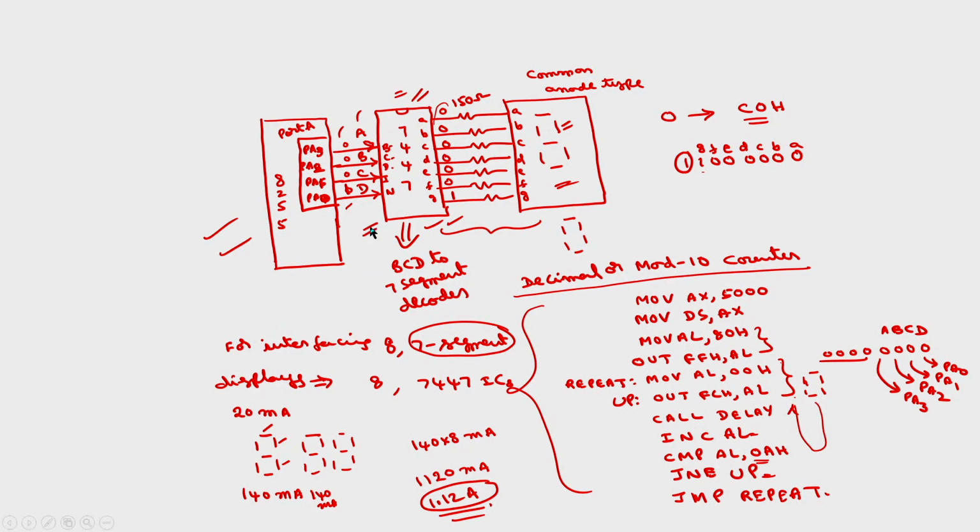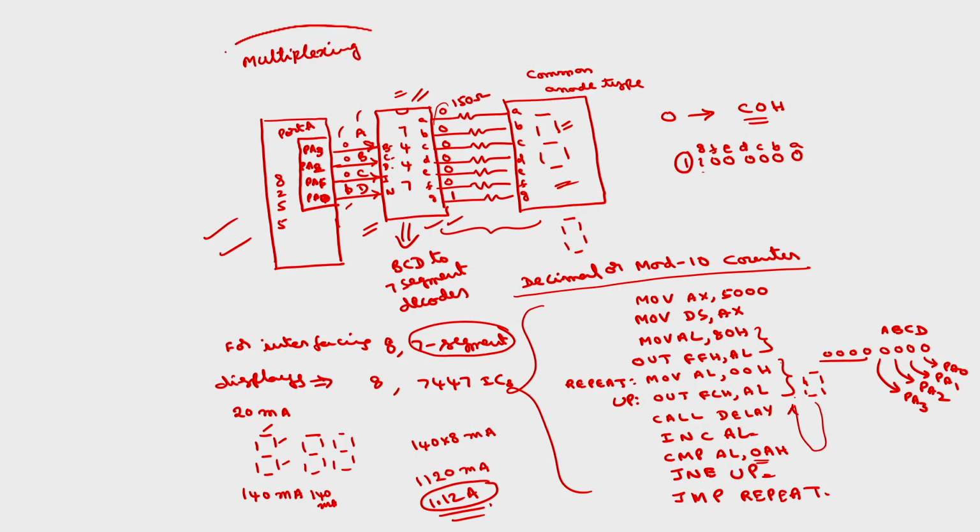In addition, we have to use eight 7447s. Instead of using eight 7447s, we can use a technique called the multiplexing technique.